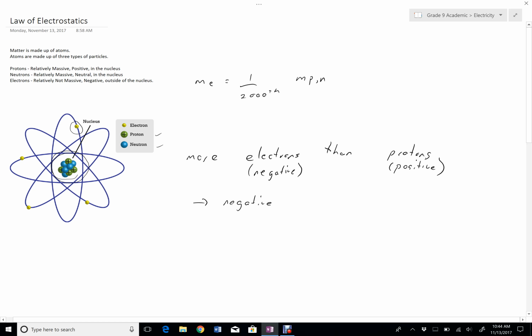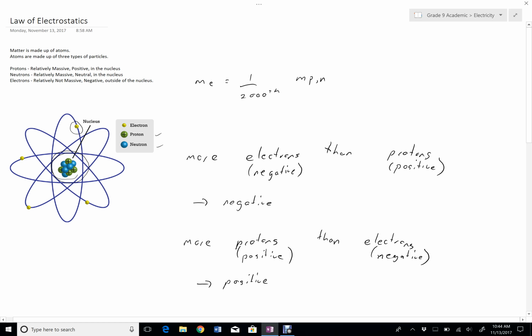If we have matter with more protons than electrons, since the protons are positive and the electrons are negative, we have more of the positive, so this matter becomes positive.